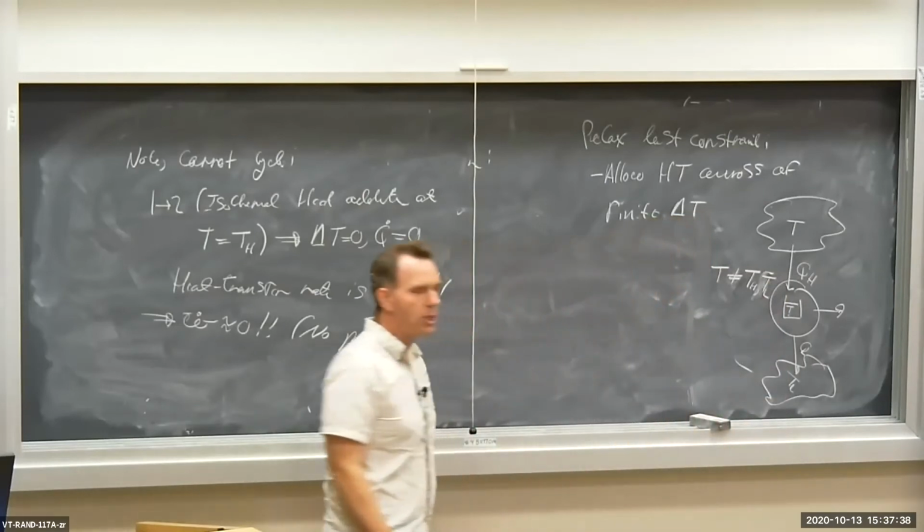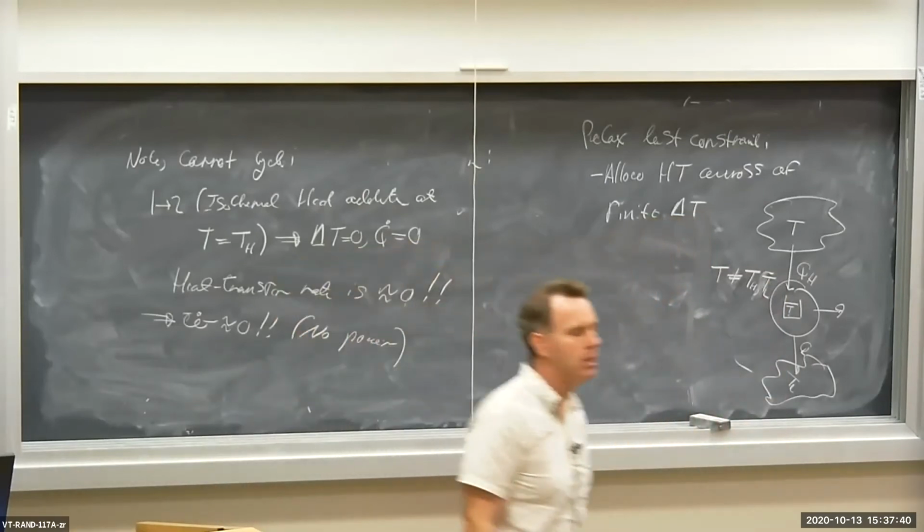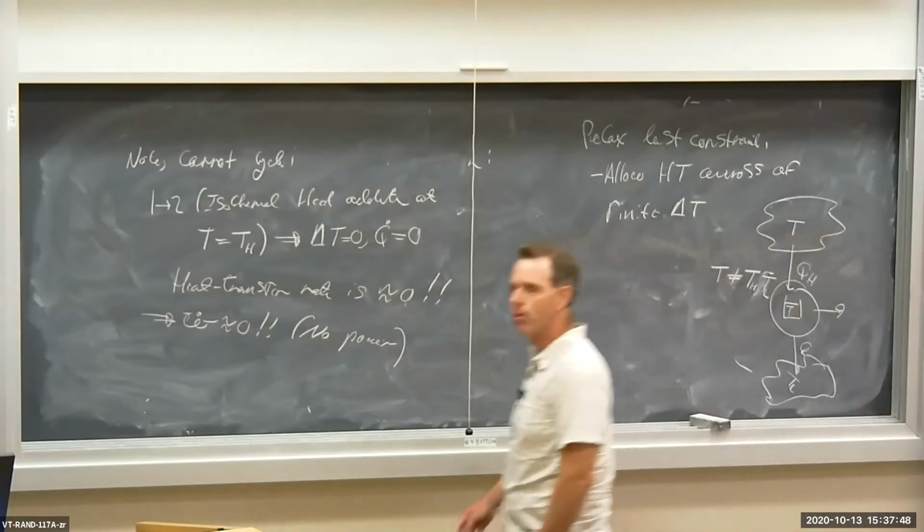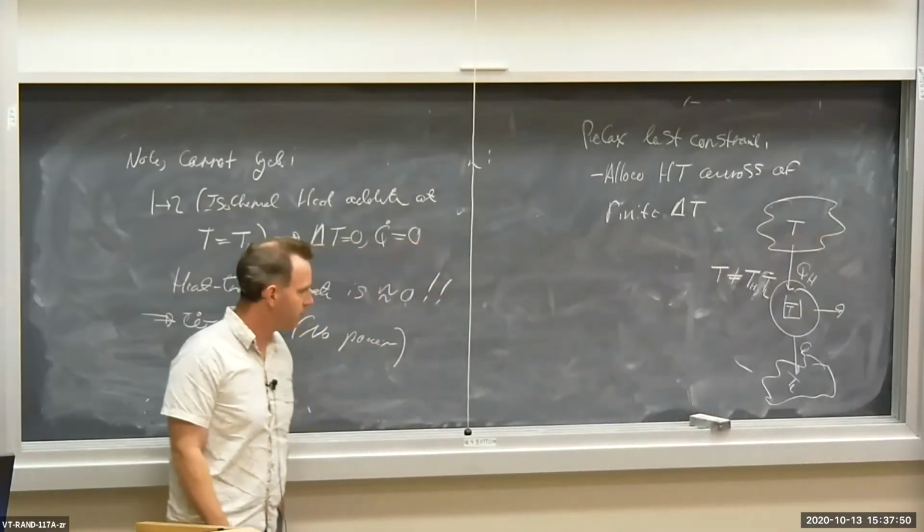We're going to let T of the working fluid be different than T high or T low when we have heat interactions. Okay? We're going to allow heat transfer across a finite delta T.